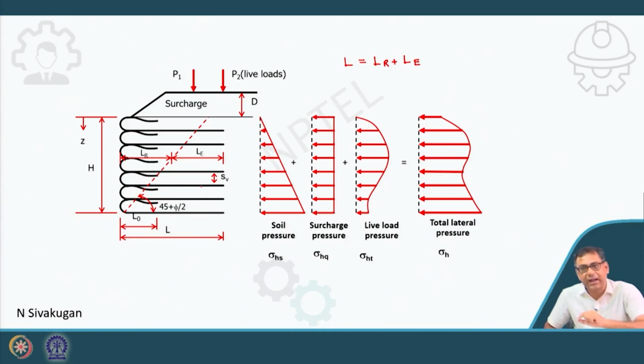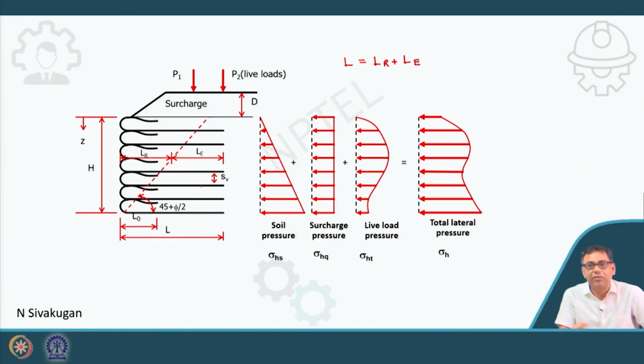It acts as an anchor because the reinforcement is inserted into the soil, and when a pull is applied, there will be friction between the reinforcement and the soil. That friction will give a resistance, and because of that resistance, the reinforcement will not allow the soil mass to fail.